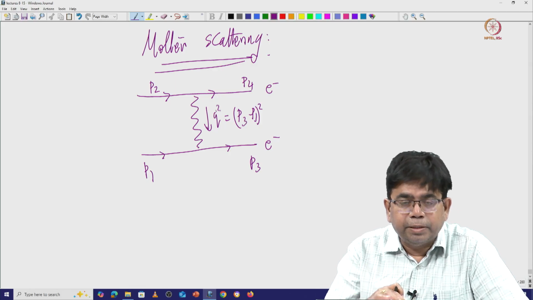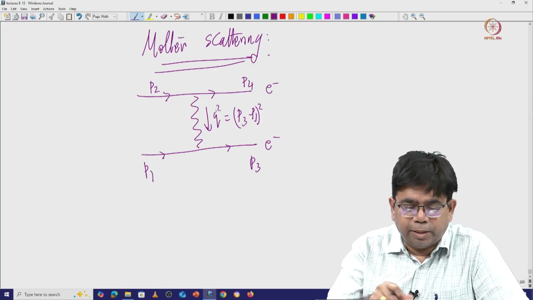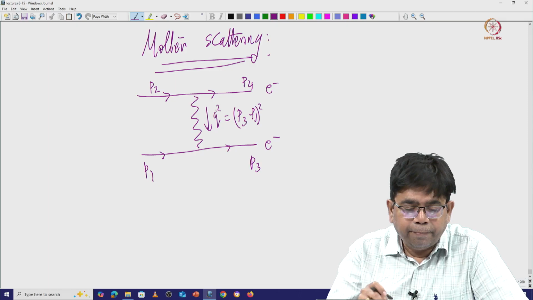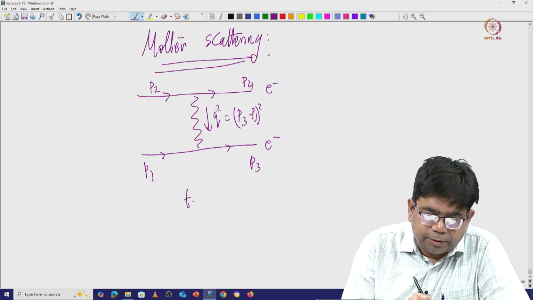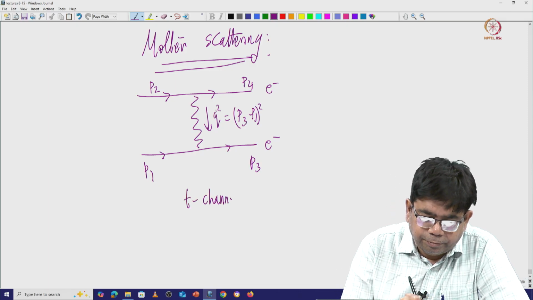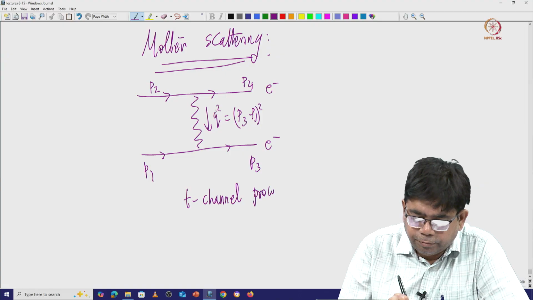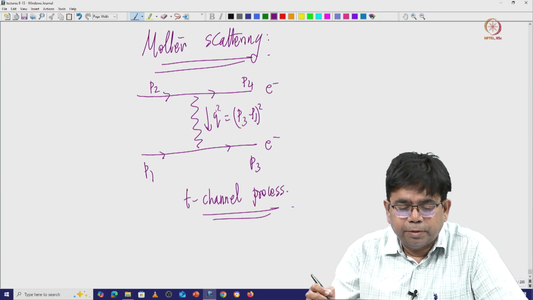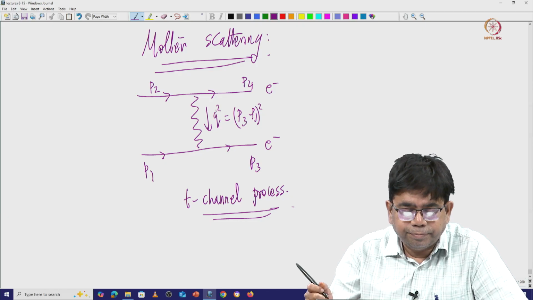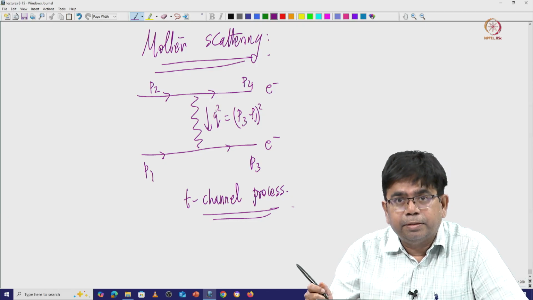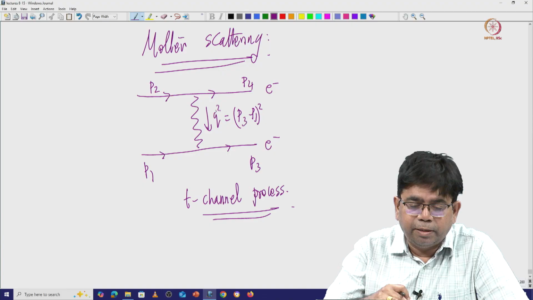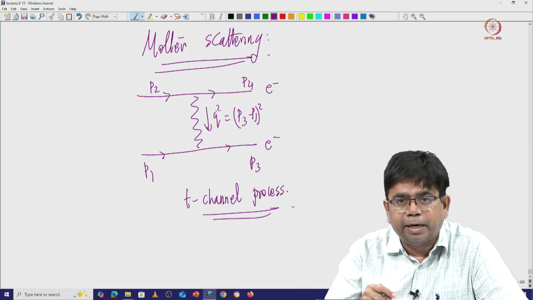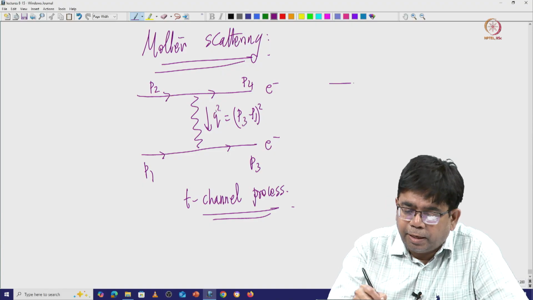Now these are like particles at the final states, you can interchange them, and so this is the T channel process. You can also have another diagram. It is also possible to have another diagram when the electrons are interchanged, since they are identical particles.